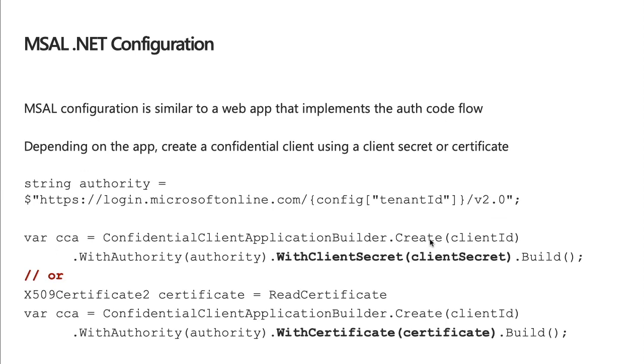Now, the configuration of an app that leverages the client credentials flow is similar to a web app or a console app. You're first going to create an instance of the confidential client using the Microsoft Authentication Library, MSAL. And in this case, you can see I'm doing it either with a secret or with a certificate.